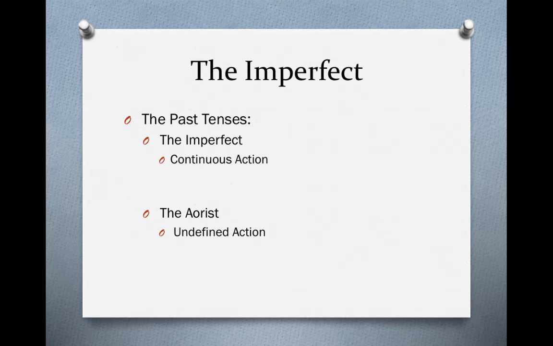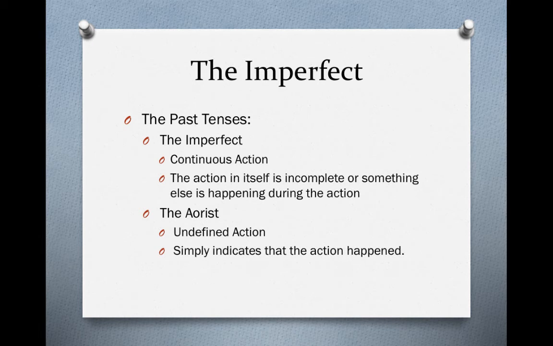And just as we see in English, these are going to form a little differently. In this chapter, we're going to focus on the imperfect form. The imperfect signifies action that in itself is incomplete, hence the name imperfect, or something else might be happening during the action. In other words, sometimes the imperfect introduces or sets the stage, in a narrative especially, for something else that is happening that the author feels is very important.